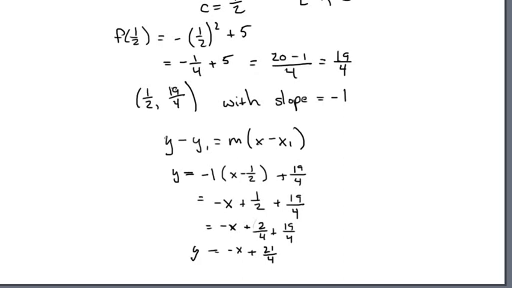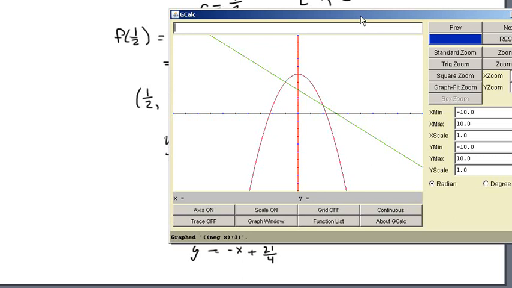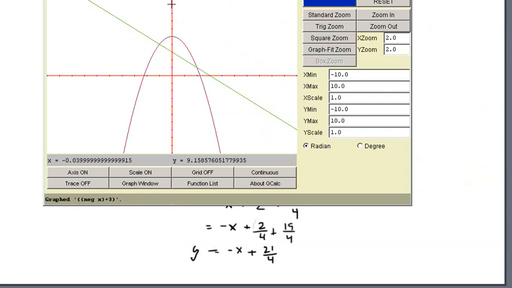Let's see. If I put in -x plus 21 over 4, I should get out a tangent line. It's definitely going to be the same slope as this, so it's going to be parallel.